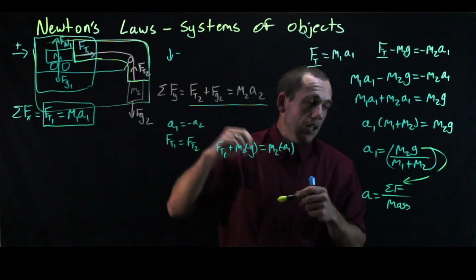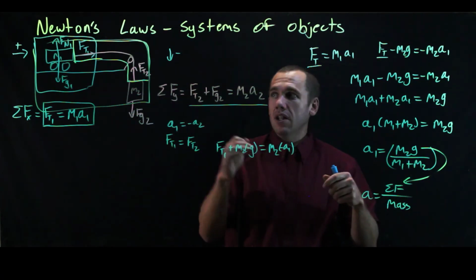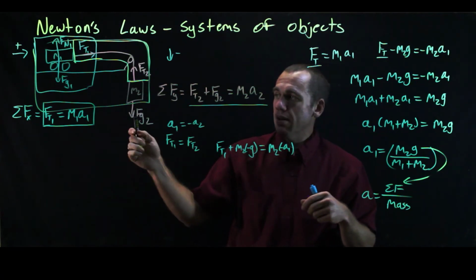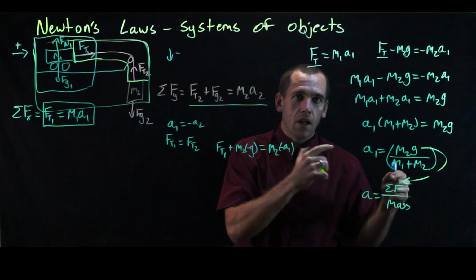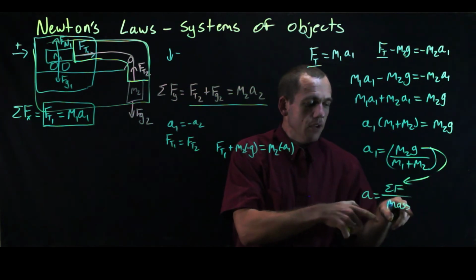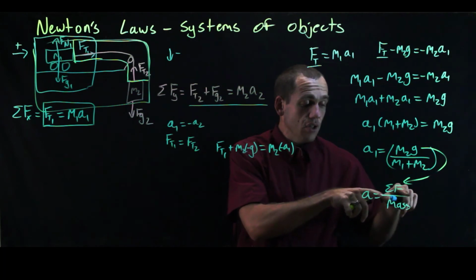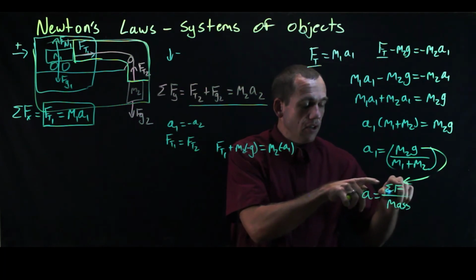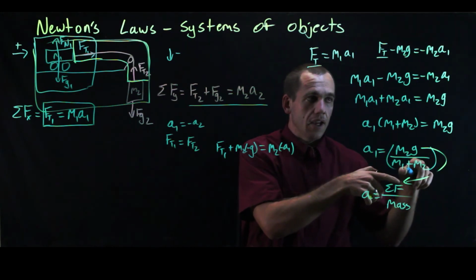And so our total mass that's accelerating is m1 plus m2. So really, we did a whole bunch of algebra, and we substituted one equation into another, and all we have is Newton's second law. Net force equals mass times acceleration. And so we found our mass is the total mass that's being accelerated, and our net force is the only unbalanced force acting to accelerate the object.